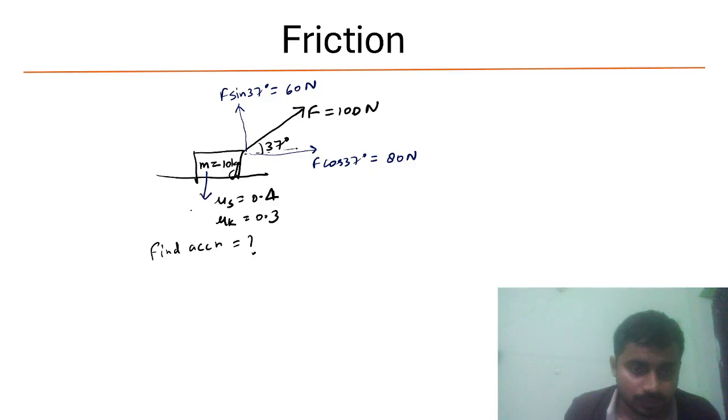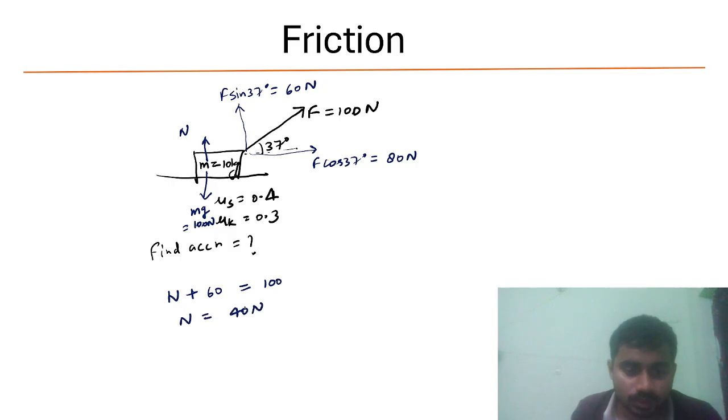There is mg, equal to 100 Newton, and normal force will be in the upward direction. We need to be careful here while calculating the normal force, because there is one more force acting here. The normal force will be given by N plus 60 is equal to 100. Then normal will be 40 Newton.